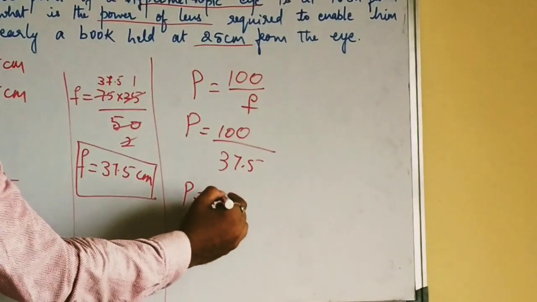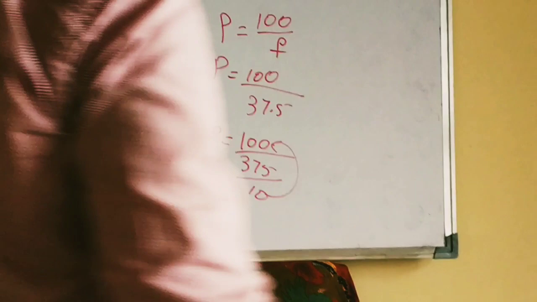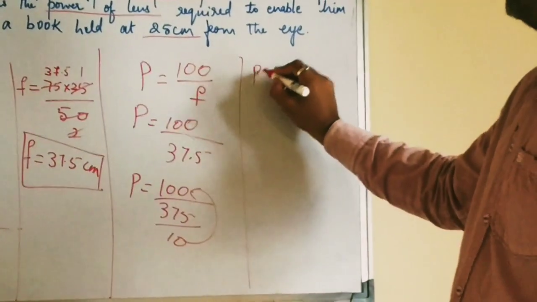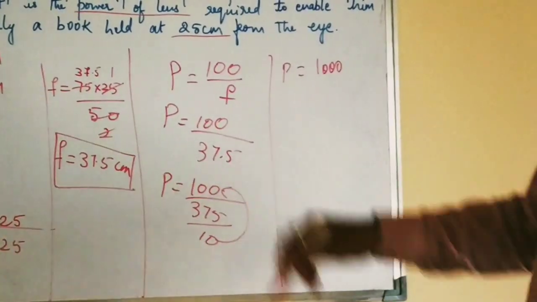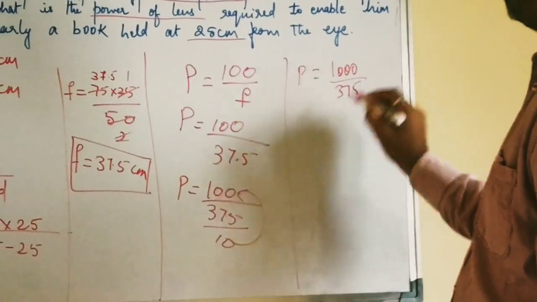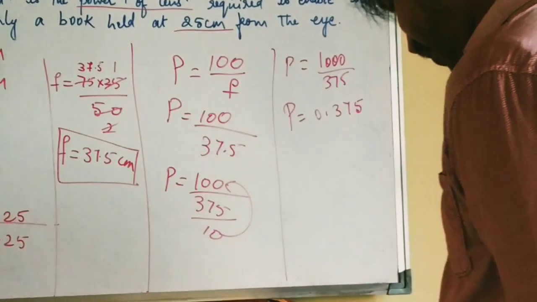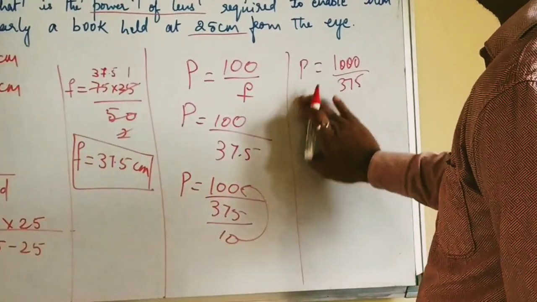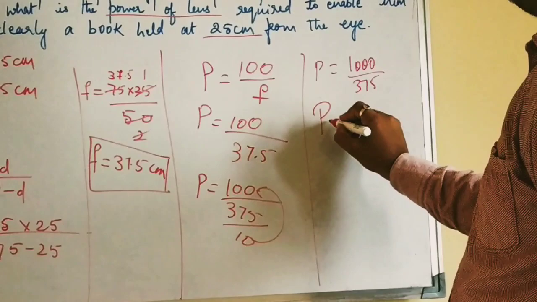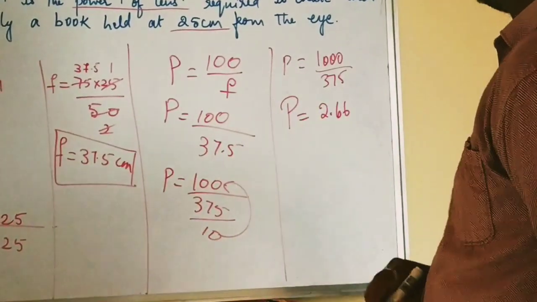P is equal to 100 divided by 375 by 10, or when it goes up, P is equal to 1000 by 375, because 10 goes to the numerator. Sorry, when you simplify this, you will get P equal to 2.66.